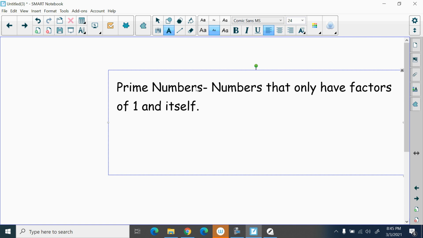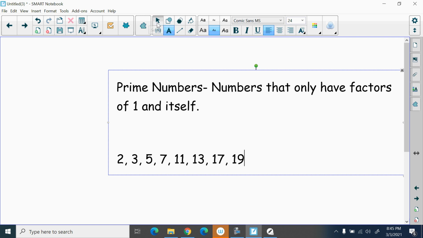Let's list a few prime numbers: 2, 3, 5, 7, 11, 13, 17, 19. That's all you need for right now.